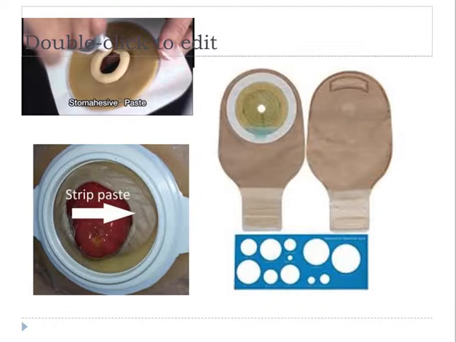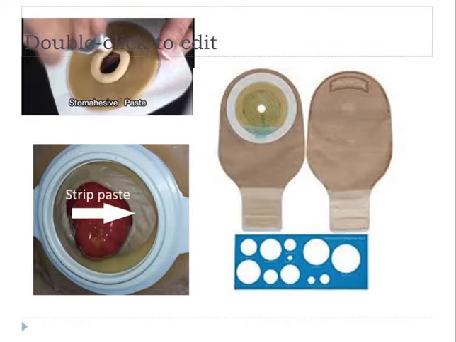If we're dealing with folds or ridges, that's when we have to be creative and use like stoma adhesive paste to fit into those crevices, and before we put the sticky part on their skin. Because ideally, these flanges, what we call the sticky part that goes on your patient, should stay in place for several days. And then the pouch, which goes on the flange, we could empty that.